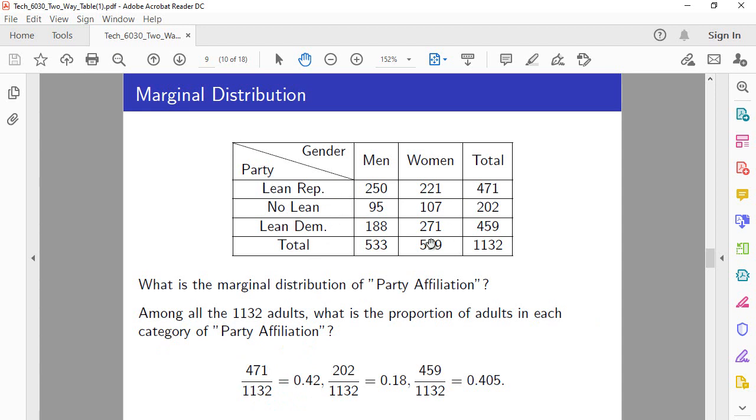What proportion of the adults had no lean? Well, 202 of them. So 202 over 1,132, that's 0.18. And what proportion of the adults lean toward the Democratic Party? Well, that's 459 over 1,132, which is 0.405. So these three numbers give us the marginal distribution of the variable party affiliation.